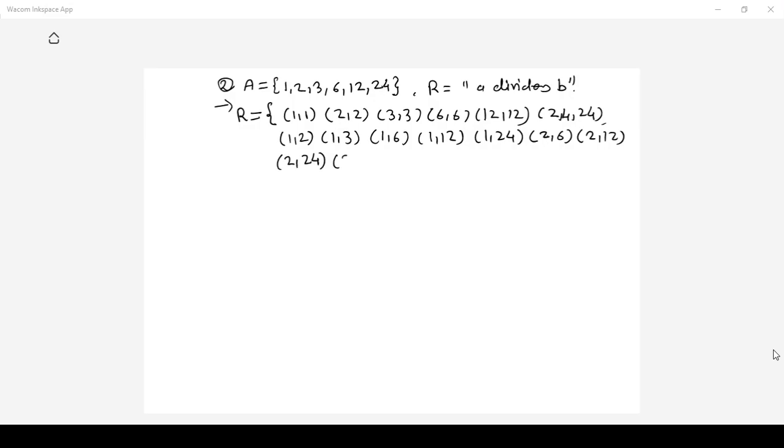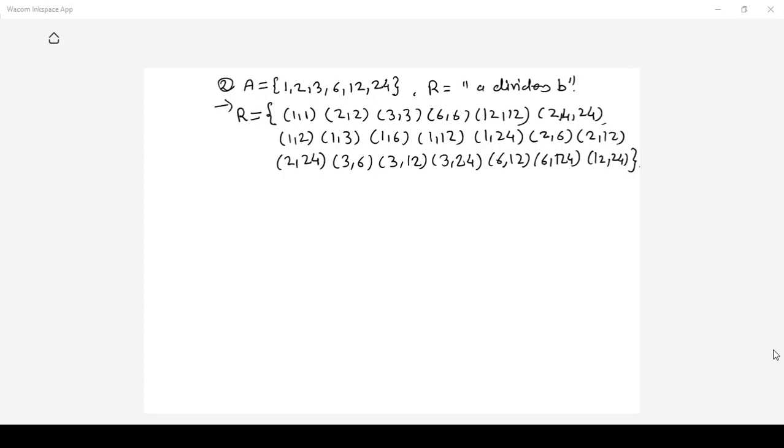Then take element 3. 3 divides 6, 3 divides 12, 3 divides 24. Then 6 divides 12, 6 divides 24. And last, 12 divides 24. So these are the pairs I can have in my relation R.